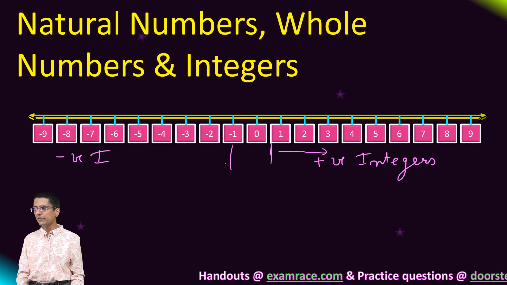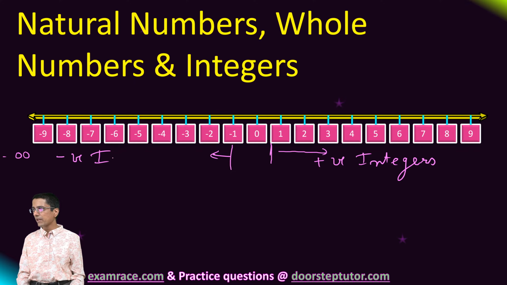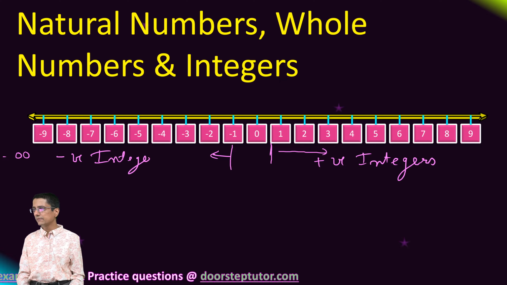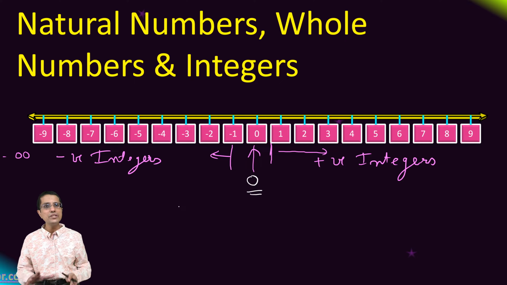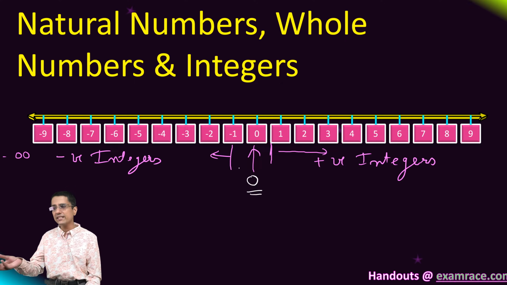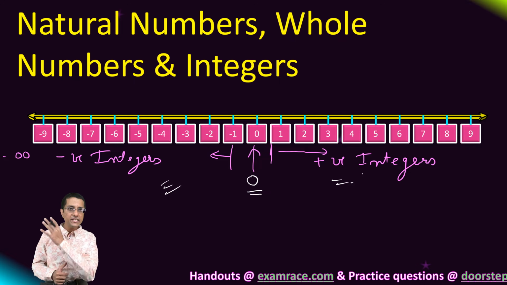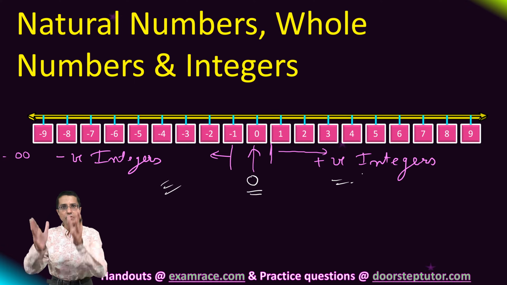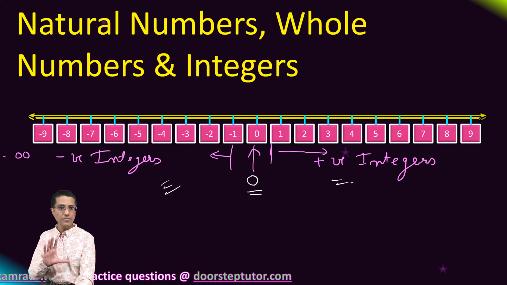Starting from -1 and going backwards till, of course, minus infinity, we have negative integers, and then we have the number in the middle, which is 0. So 0 is really different, it is separate, but it is included in the set of integers. So integers consist of negative integers, -1 till minus infinity, positive integers, +1 till infinity, and of course 0 right in the middle. All of those three things. Very, very important.